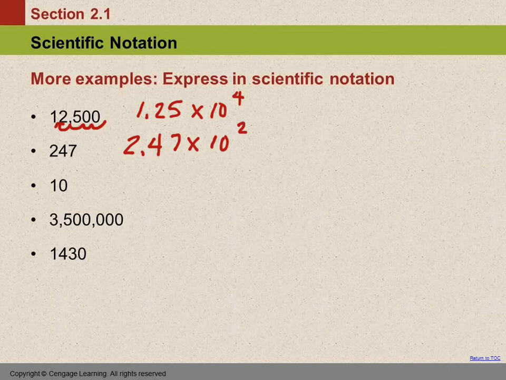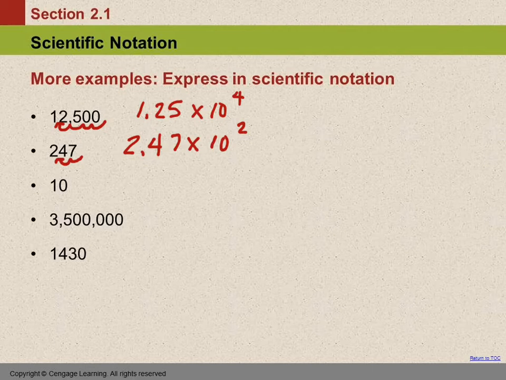The decimal point was after the 7. We need to move it 2 places. You may feel silly drawing those little curvy things, but it really does help, and nobody's going to look at your paper and say, oh, he drew little curvy things. It's better than getting the answer wrong. 2 places, 247 is larger than 1. It's a big number, positive exponent.